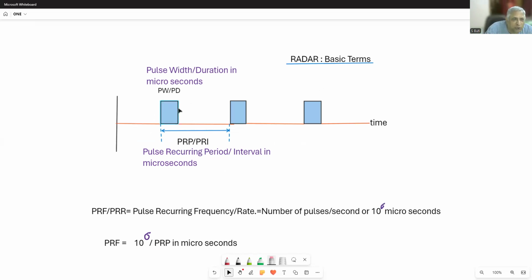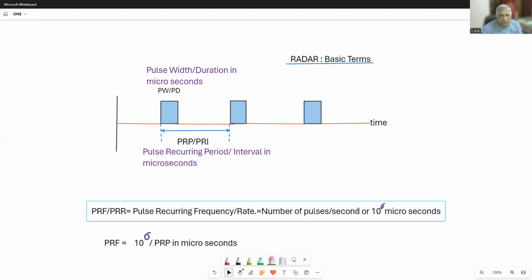So the idea is to send one magazine full of bullets, and fire a number of magazines. That means a number of pulses per second, and that is called pulse recurrence frequency or pulse recurrence rate.